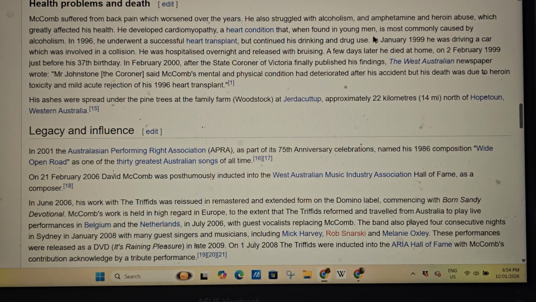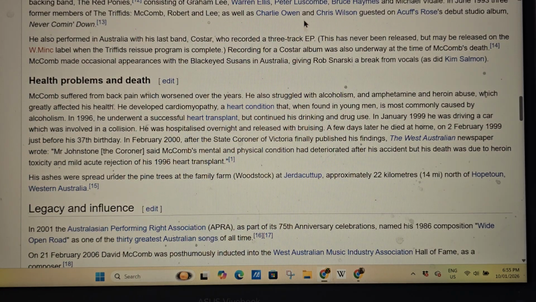And struggled with alcohol, drug abuse. Okay, heart condition. Okay, involved in a car crash, and died a few days later. Okay, so there you go.